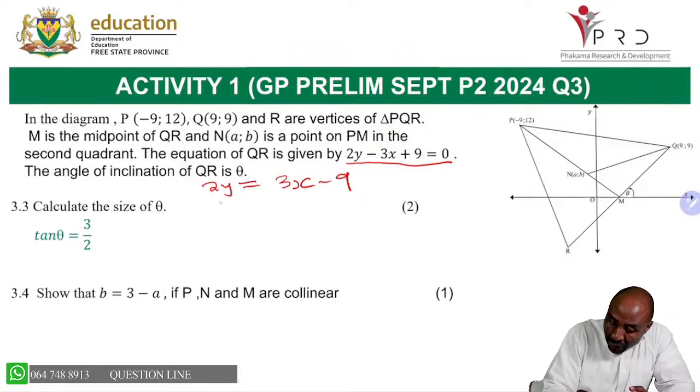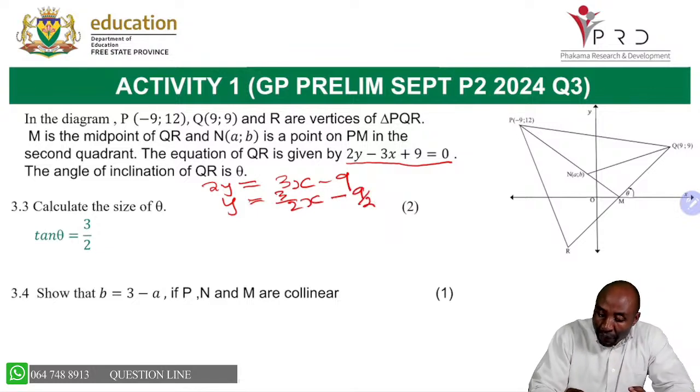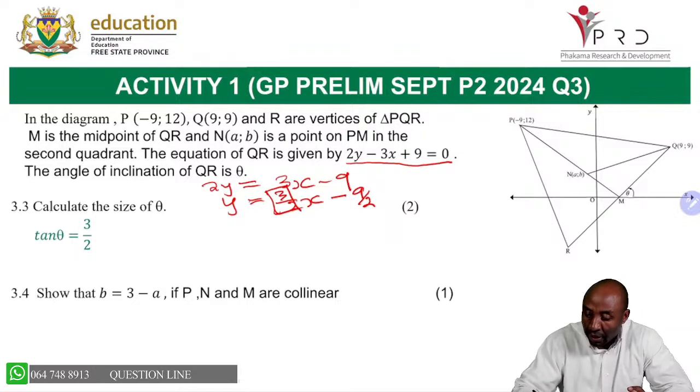Divide by 2. This will give us y is equal to 3 over 2 x minus 9 over 2. So from there, because it's now in the form y is equal to, it means the gradient of QR, we can deduce it as 3 over 2 there.